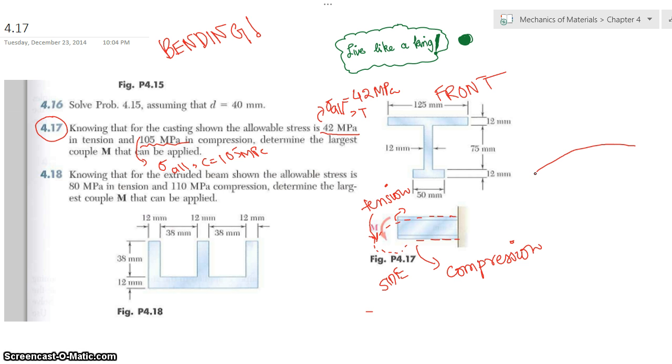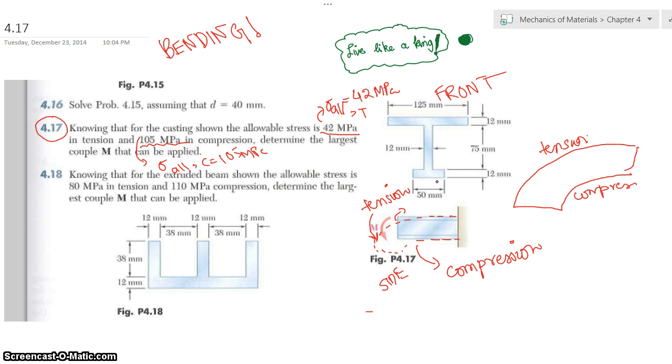It's obvious that the upper part is extending, which means it's having tension, and the lower part is having compression.